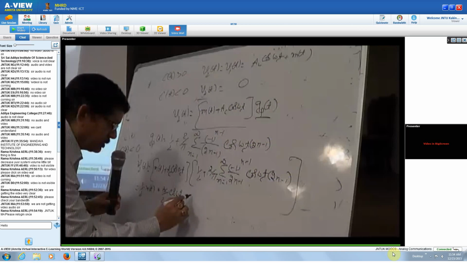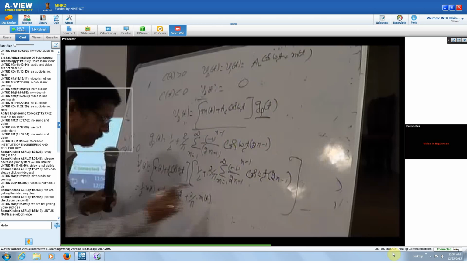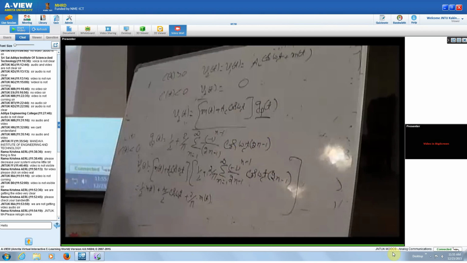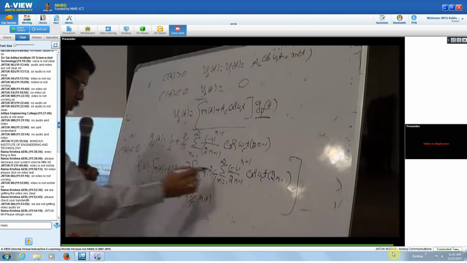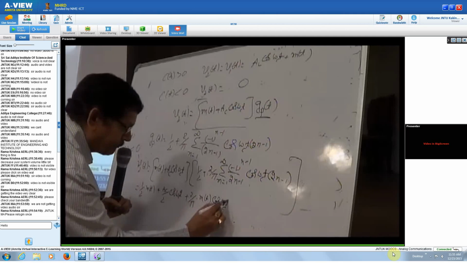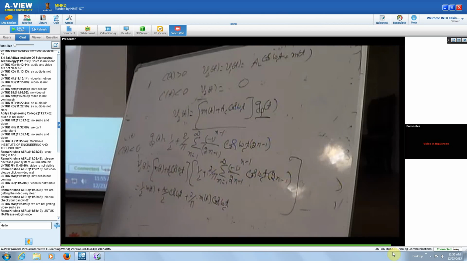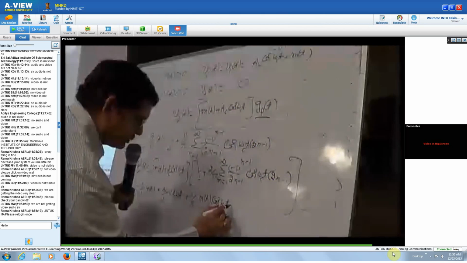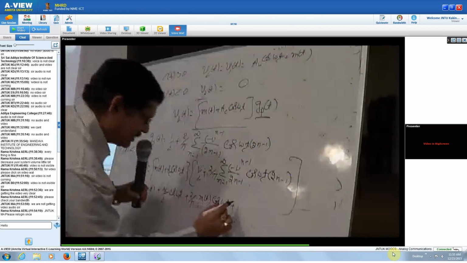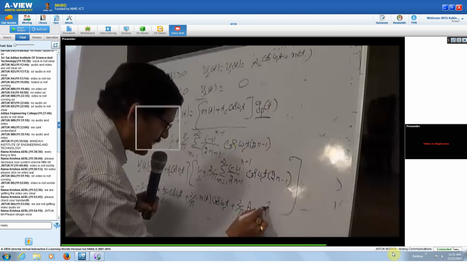This will be equal to 2 by pi into m(t) because 2n minus 1 is 1. So this is going to be 2 by pi m(t) into cos omega_c t. N equal to 1 into m(t), and n equal to 1 into A_c cos omega_c t gives you 2 by pi A_c into cos square omega_c t.